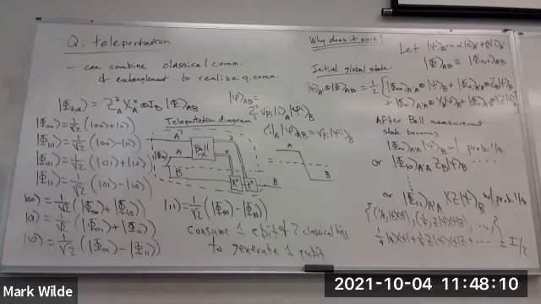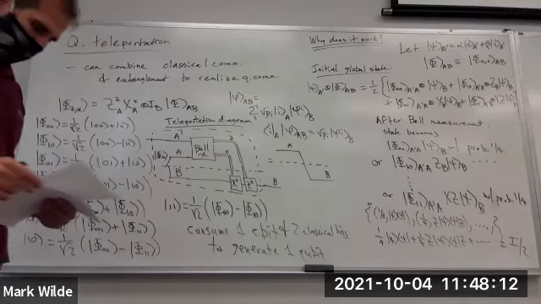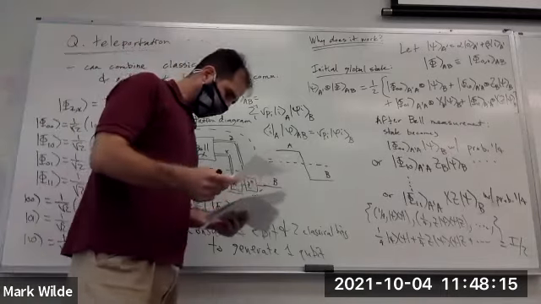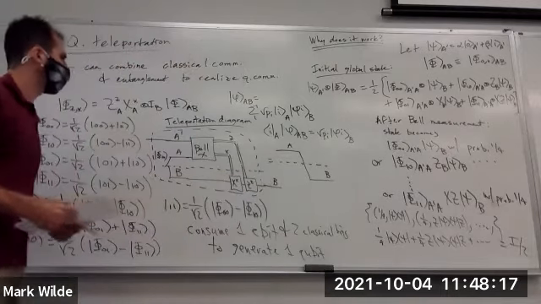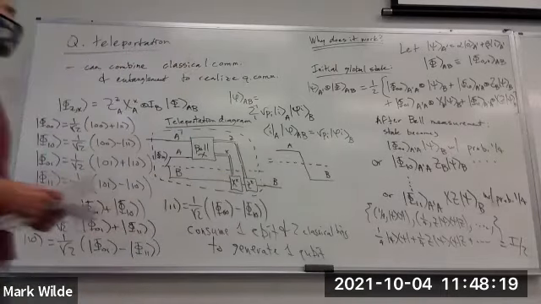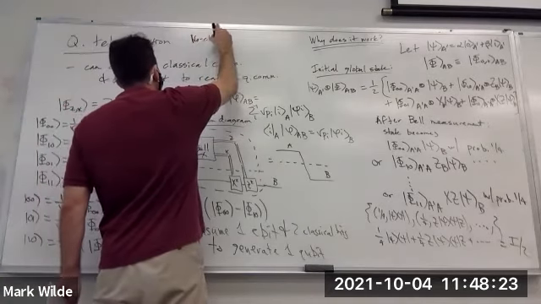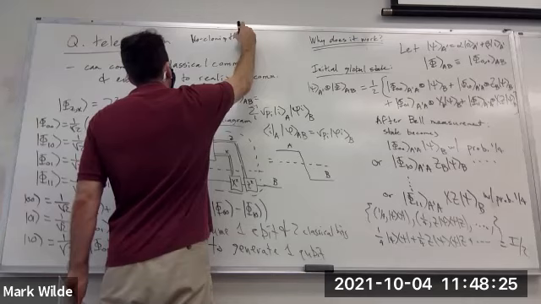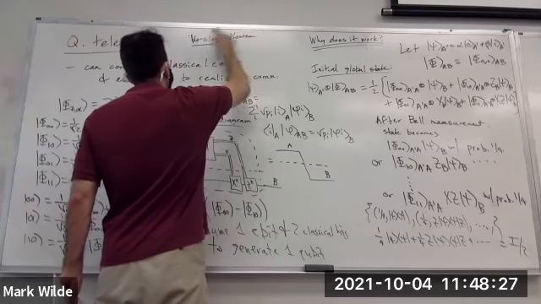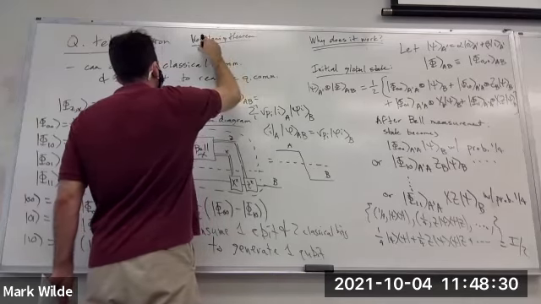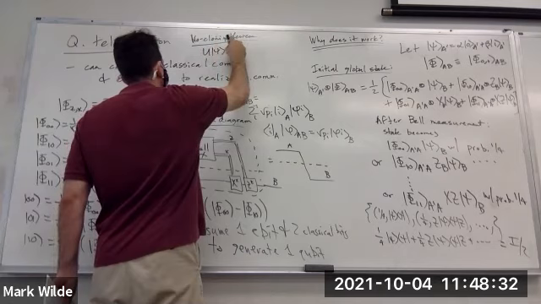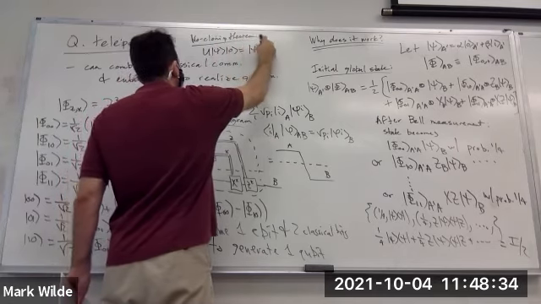Like there are different variants. I realize we actually haven't even talked about the no cloning theorem. Right? There's something called, this is very important, something called the no cloning theorem. So what it says is that there does not exist a unitary that can do this.